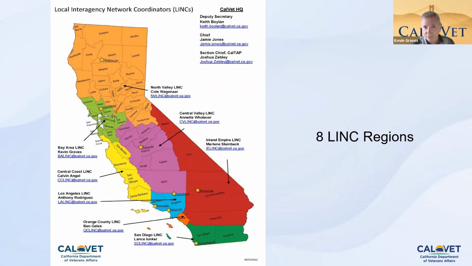Some have a larger geographical territory, some have a larger population territory, but nonetheless, this information will be available to you. And if you happen to live in an area outside of the Bay Area, or if you have people that you sometimes mentor or help with their benefits or their challenges, please feel free to use this map to find my colleagues in the different areas, because I know the benefits and resources that are available in my region obviously much better than I know the ones down in Imperial County or in San Diego County or in Inyo County for that matter.